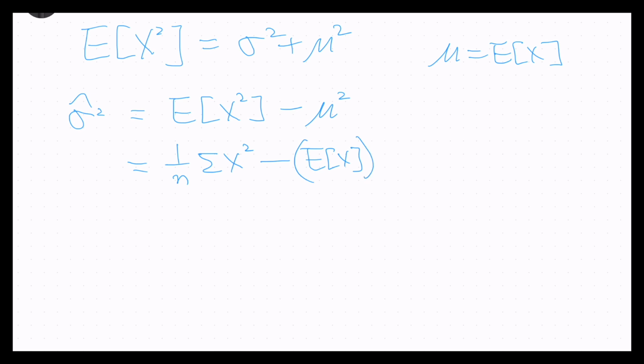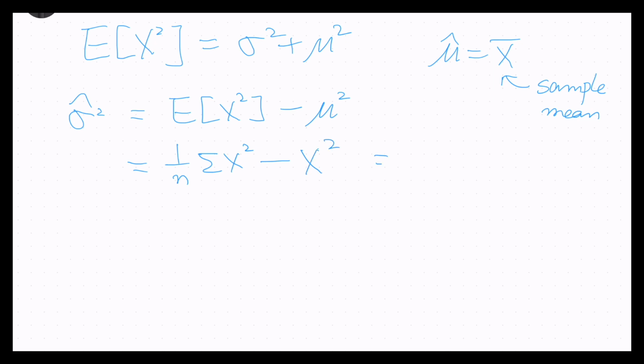Let me rewrite this one instead of this one, so let's use x bar, since x bar is the sample mean. So this is x bar square. So now you wonder how this one becomes this one.